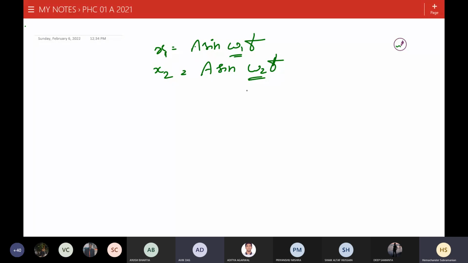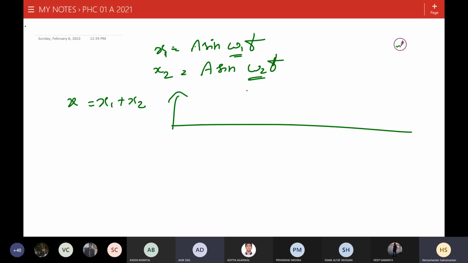Those frequencies are really close. So x is x1 plus x2. What kind of behavior do you see of these waves, these oscillators? Sir, like a beat formation.